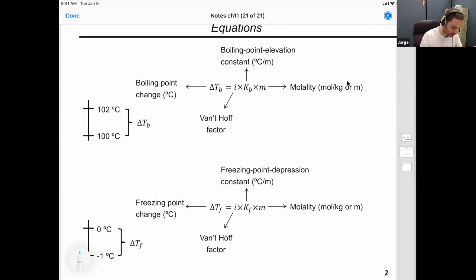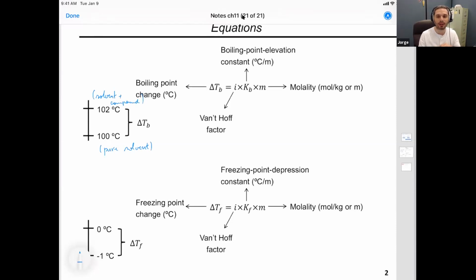For the boiling point elevation, delta TB, delta TB is the difference between the boiling point of the pure solvent compared with solvent plus compound. Okay, so that's delta TB.